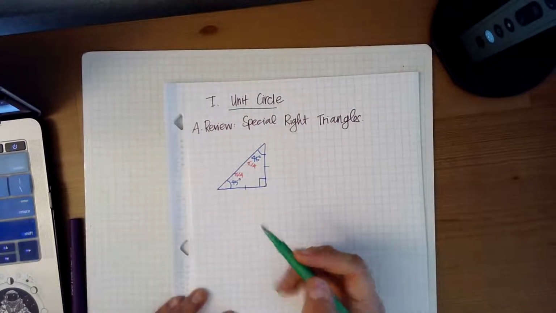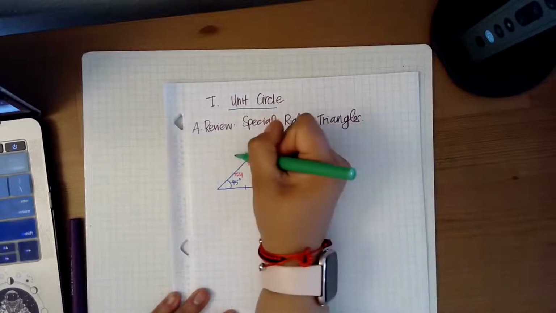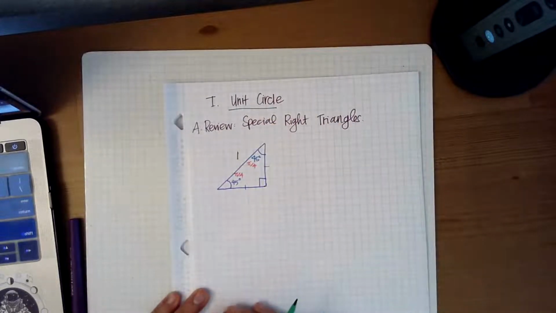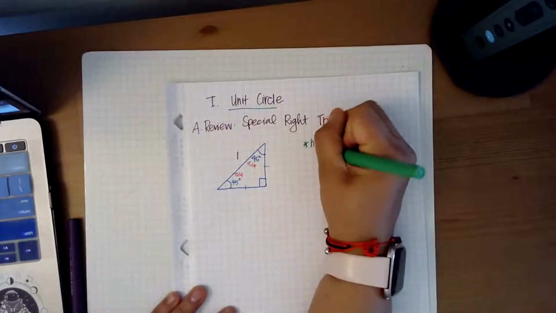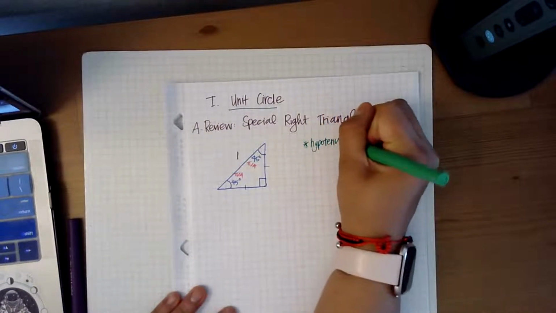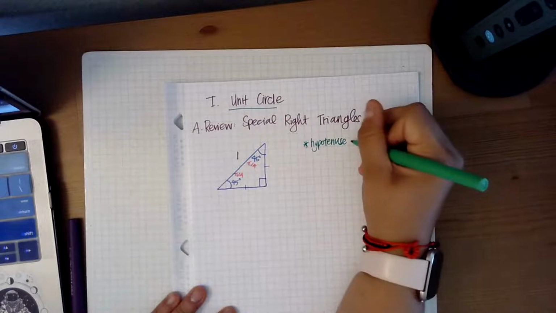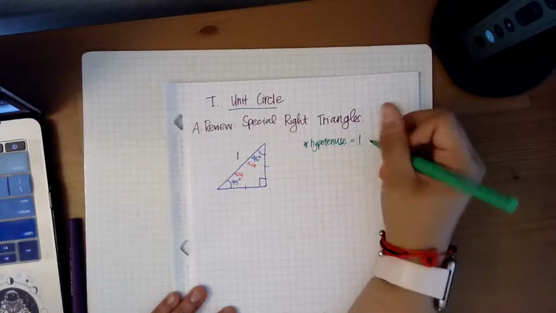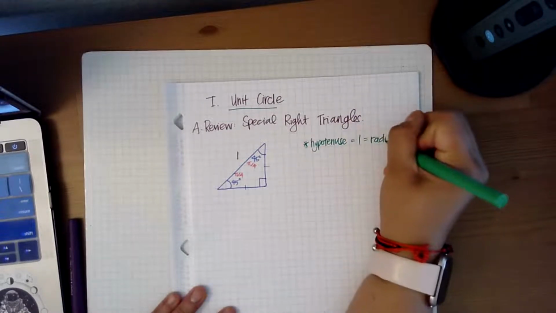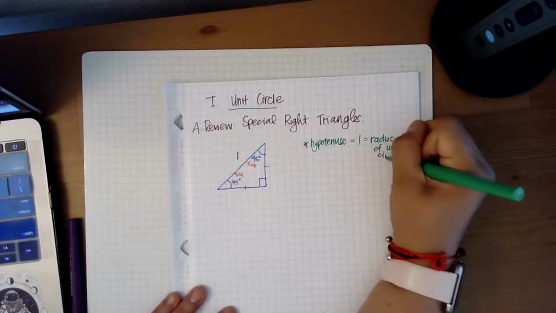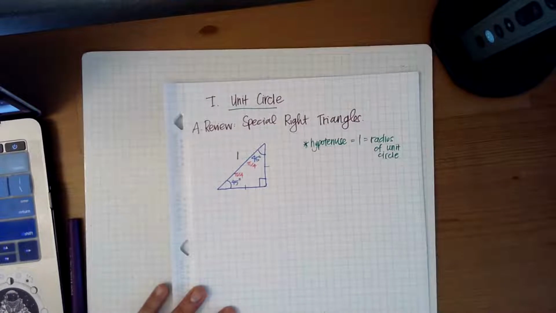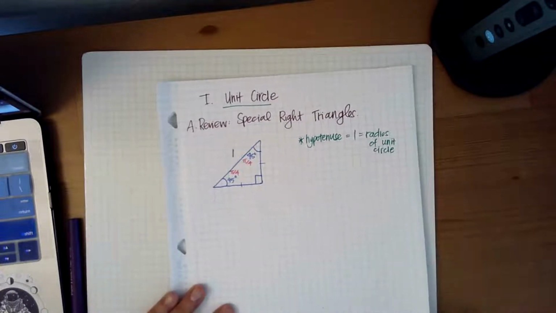So this means that my hypotenuse will always be 1, because that hypotenuse is going to be the radius of the unit circle. And as I explained in my prior video, the radius of the unit circle is always 1.